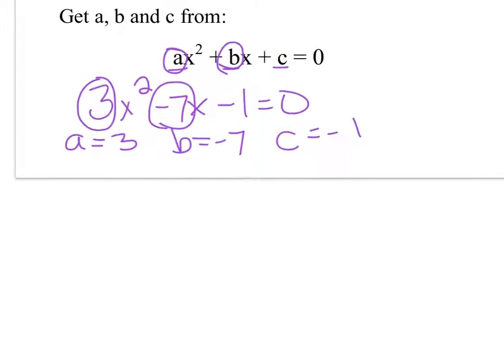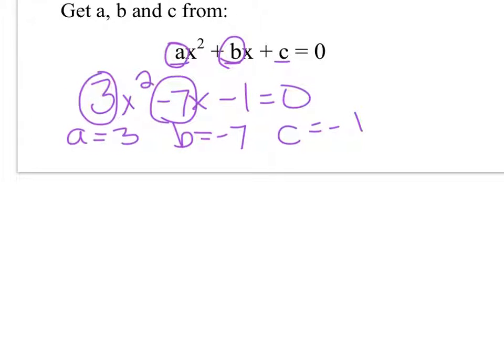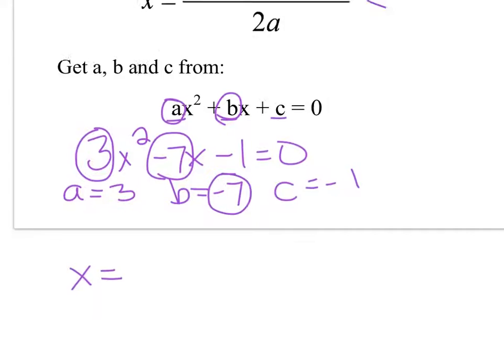You should have the quadratic formula sitting right in front of you while I do this. I know it by heart because, you know, I'm a math teacher. So x equals negative b.